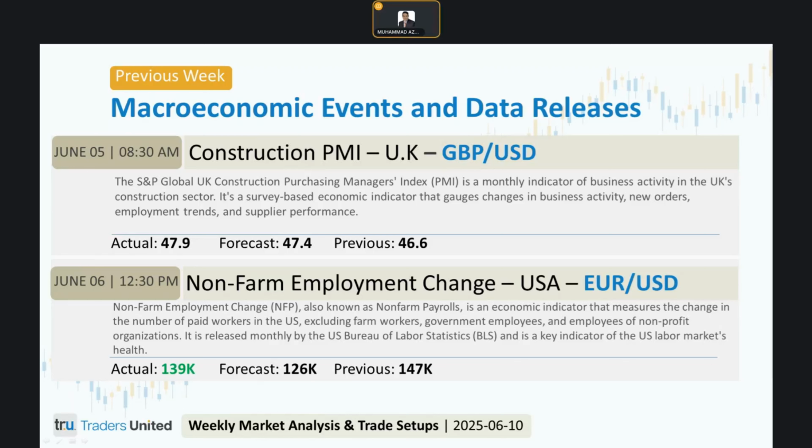So the previous number was 147, the forecast was 126, the actual number is 139. Now the actual number did beat the forecast level, but it's still below the previous month number.